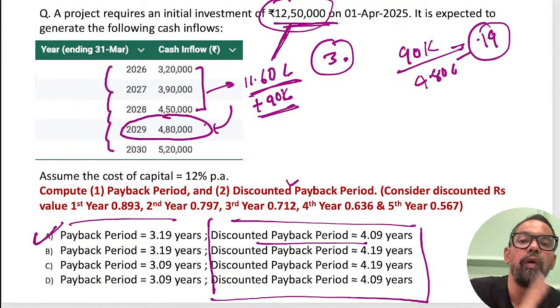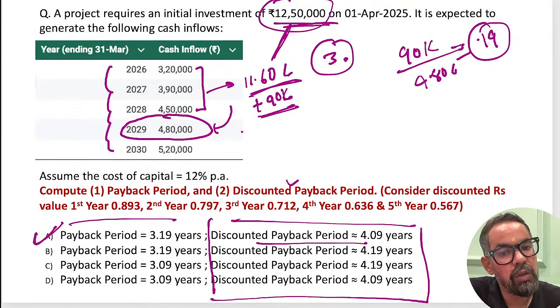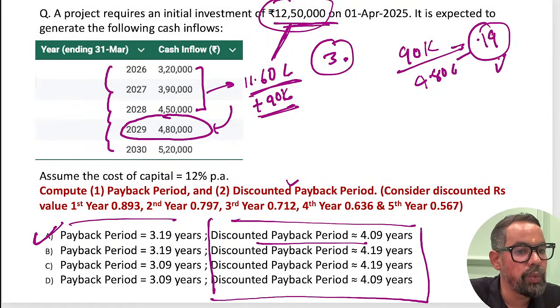We do not need 4,80,000, we only need this. So that's why 90,000 divided by 4.80 lakh, which is your 0.19. So that's why 3.19 is your answer for this case.